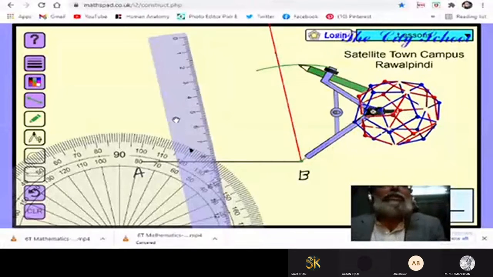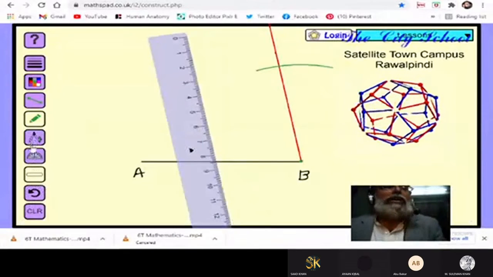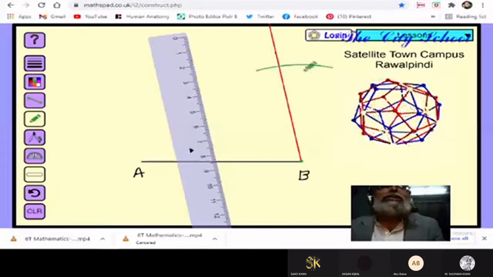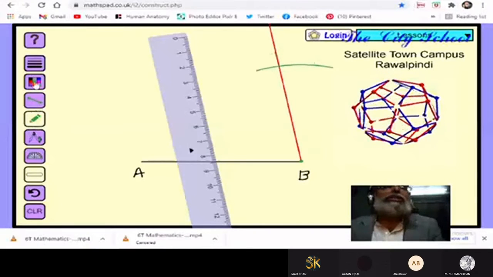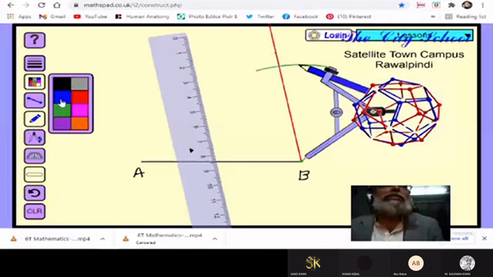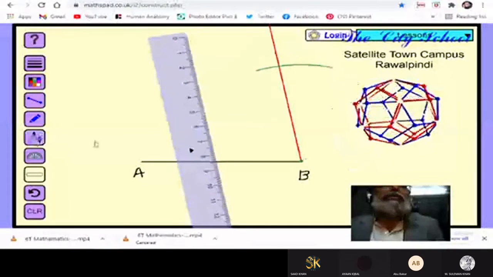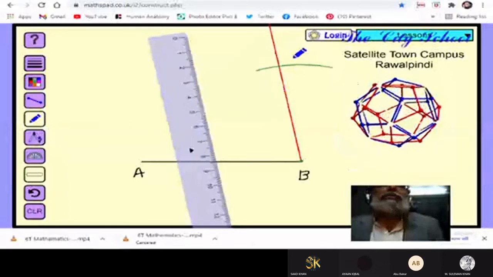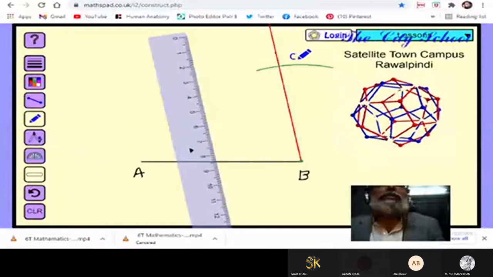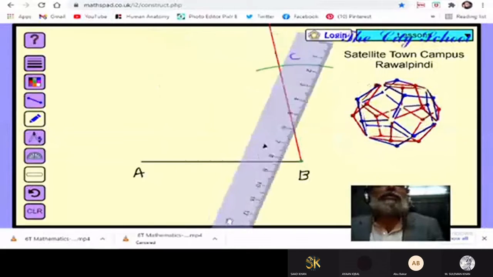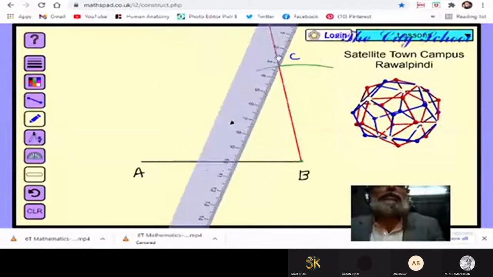Okay, now with the help of this one scale, now this is a point C. Now I'm drawing this with a different color. This is point C. This is point C now. And now with the help of scale, we'll be joining both of the points now.